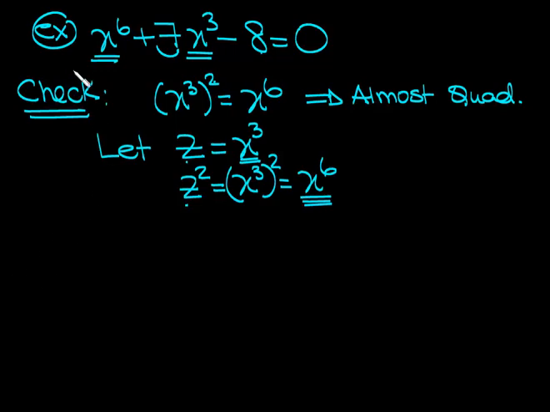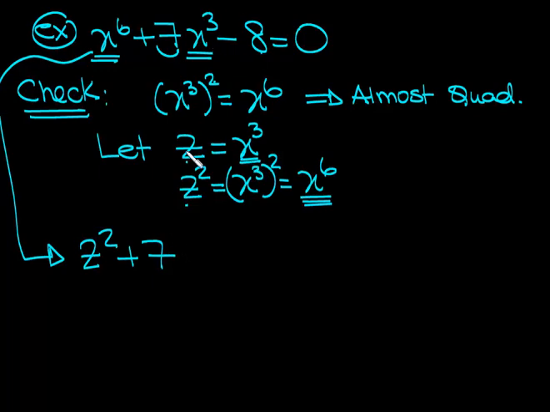So the problem I started with becomes z squared plus 7z minus 8 is equal to 0. So you can see we have made it into a quadratic. That's the whole idea of almost quadratic. Now we can solve this with all the different methods that we learned in section 2.4. I can factor this.